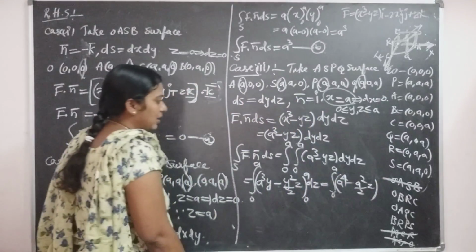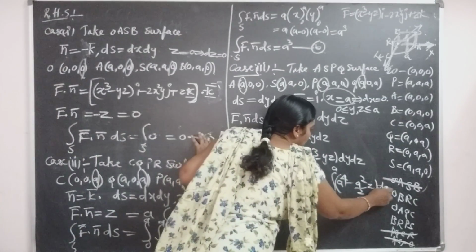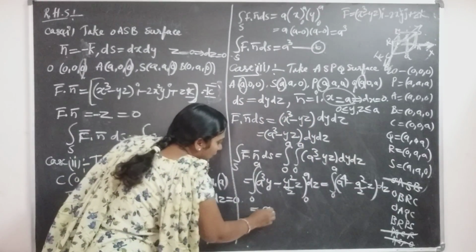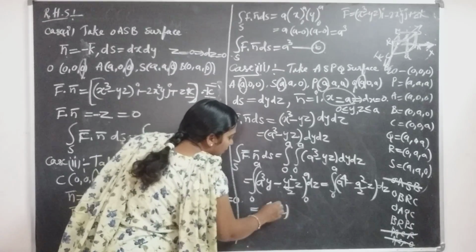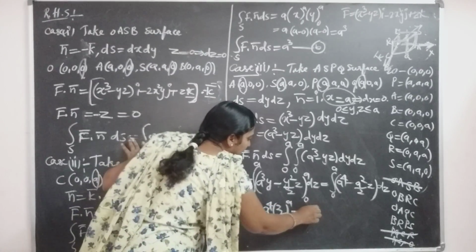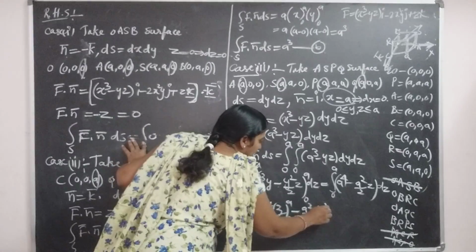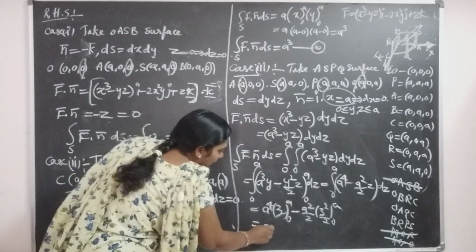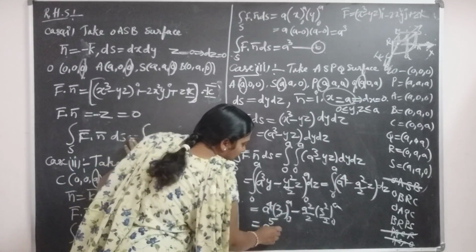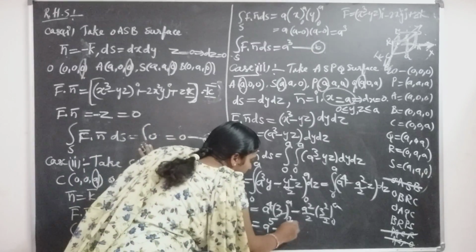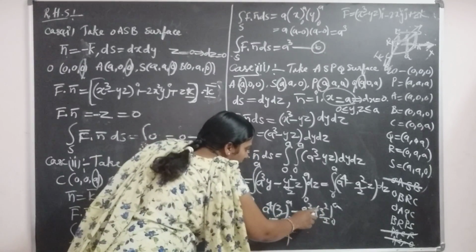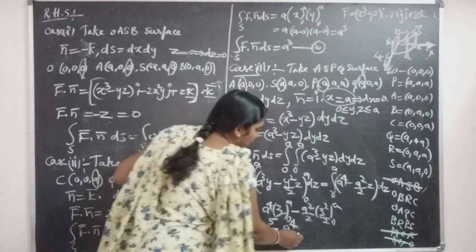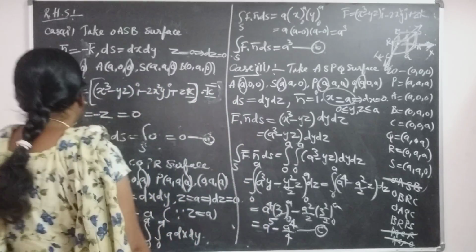Upper limit is a, lower limit is 0, so lower limit terms will be 0. Next integration gives a to the power 4 z from 0 to a minus a squared by 2 into z squared by 2 from 0 to a. It is equal to a to the power 5 minus a squared into a squared, that is a to the power 4 by 4. It is equal to C, equation C.